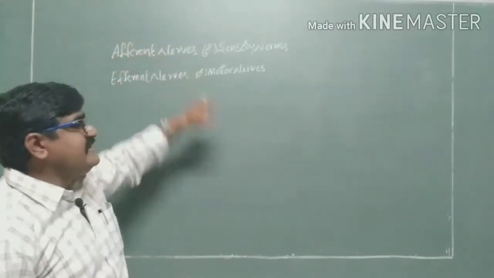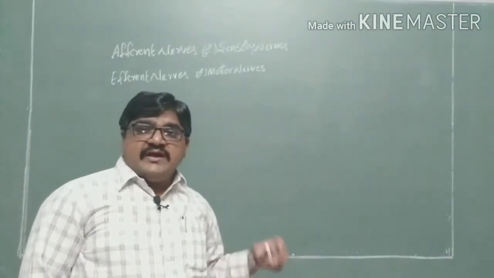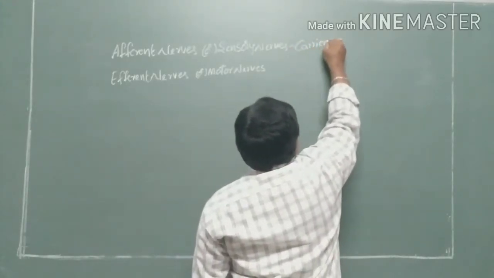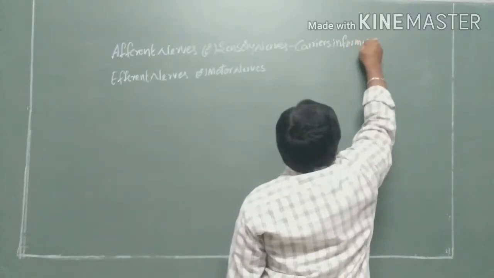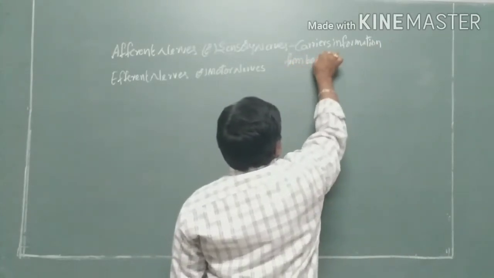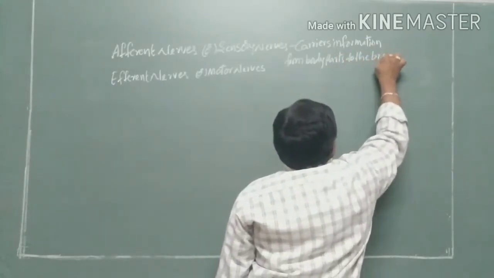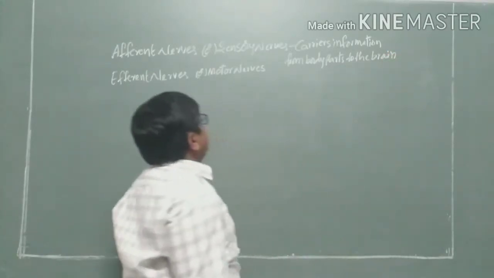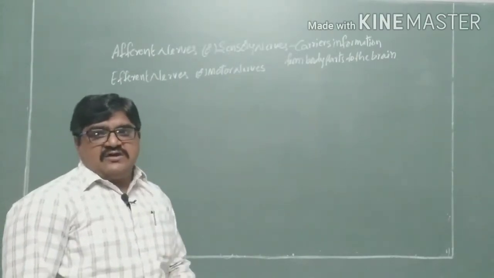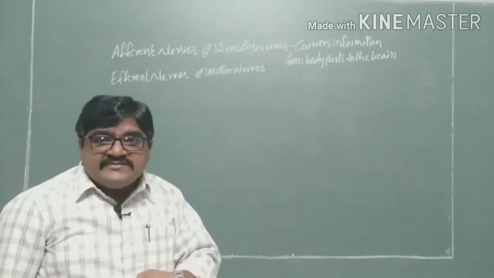Afferent nerves, or sensory nerves, are the nerves which carry information from body parts to the brain.